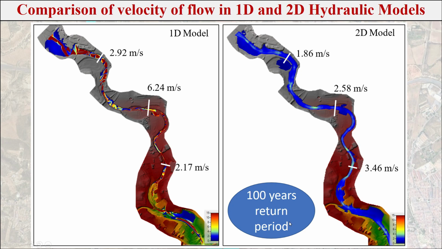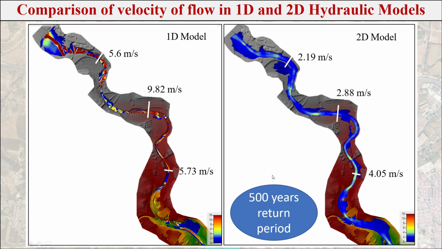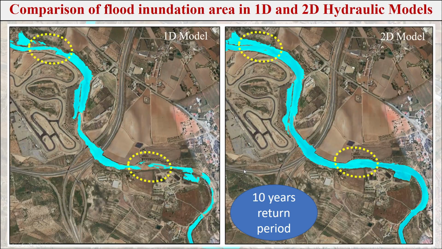Similarly, for the 100 years and 500 years return periods, we can compare the flow velocity, and we can see that for the 500 years return period the 1D model shows higher velocity in all sections of the river than the 2D model, because 1D modeling is not effective for high discharge, so we have to use the 2D hydraulic model. So these values are higher because of inaccuracy for higher discharge.